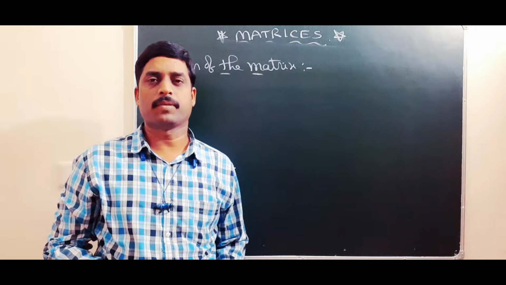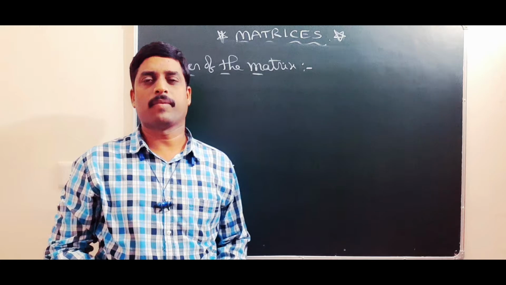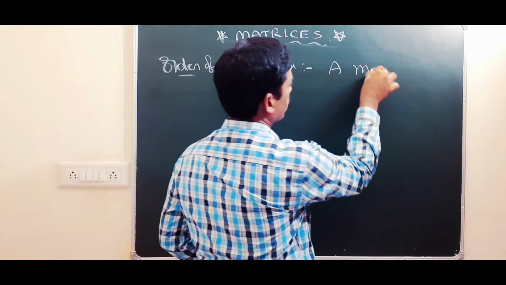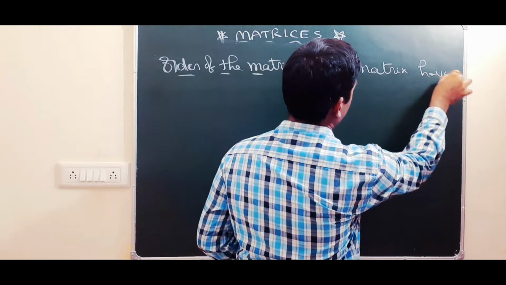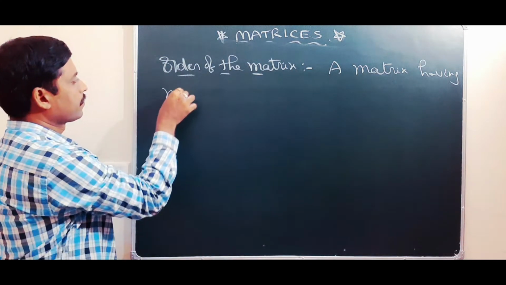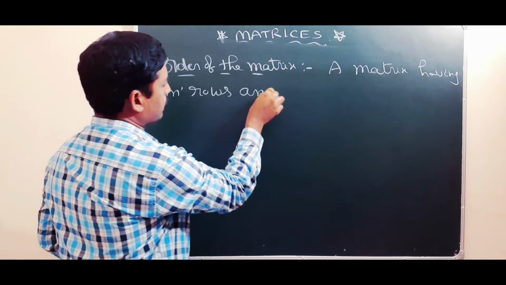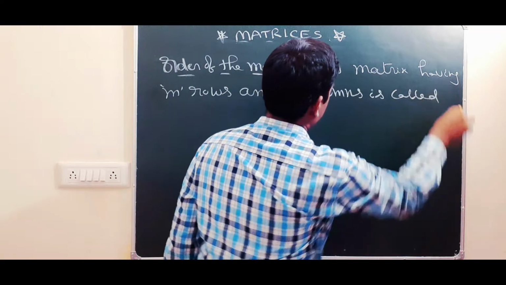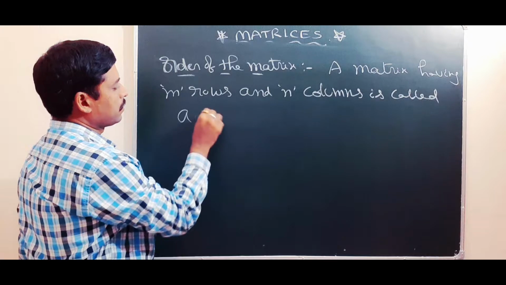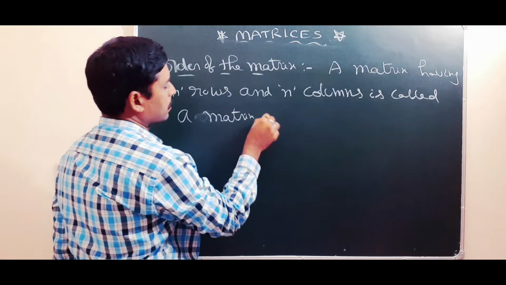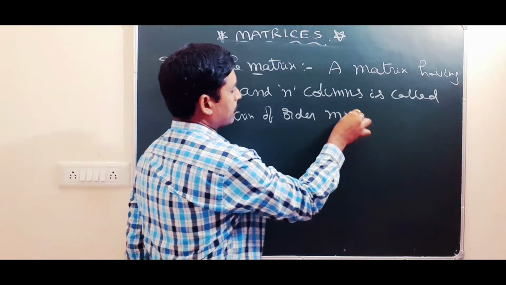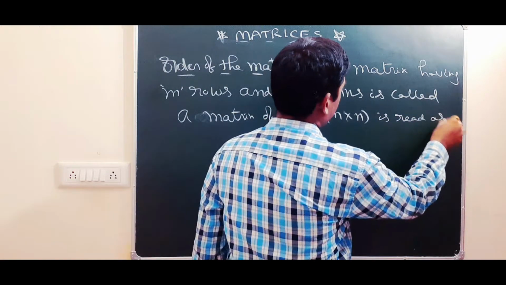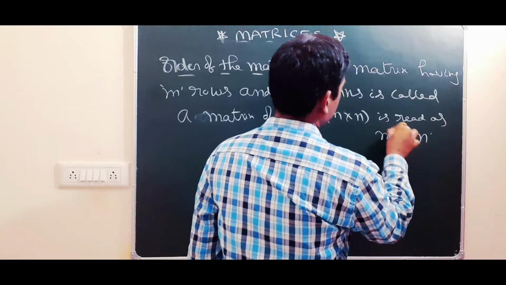A matrix having m rows and n columns is called a matrix of order m into n, m cross n, and is read as m by n.